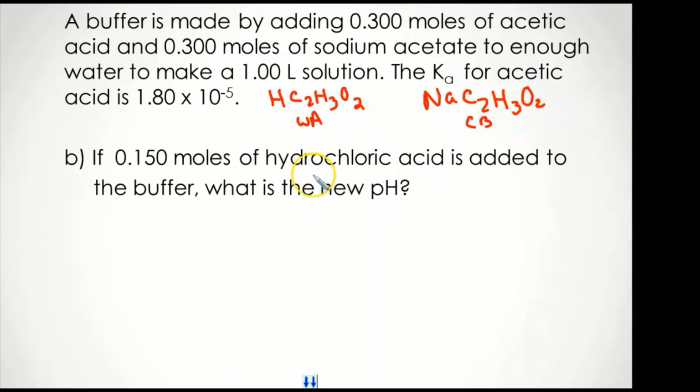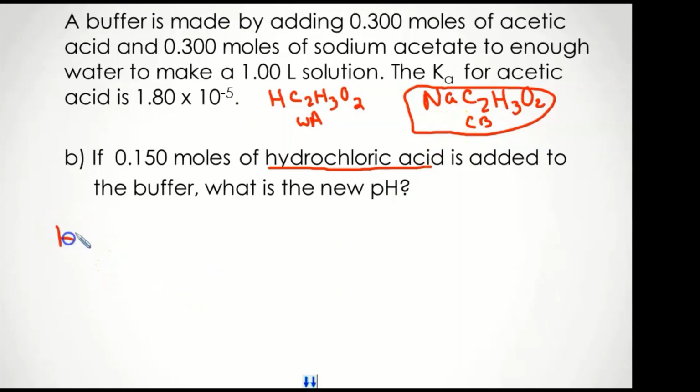And I'm adding hydrochloric acid, which is an acid. So two acids are not going to react. I'm not going to write my equation with hydrochloric acid and acetic acid. So I'm going to choose the conjugate base to write my reaction.